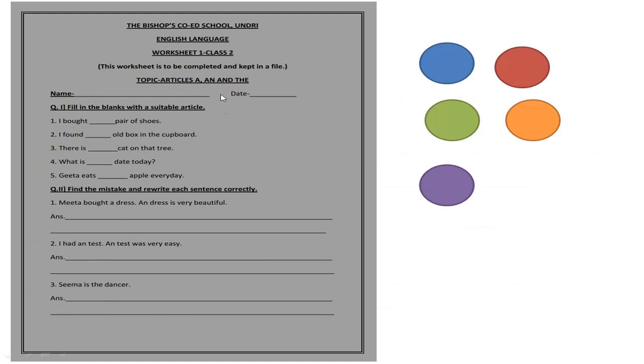Okay, now this is the worksheet we have for the articles a and the. Okay, let's try to solve it. Fill in the blanks with a suitable article. Okay? I bought dash pair of shoes.